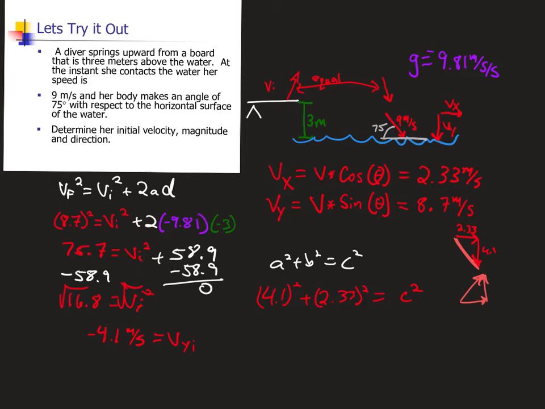So 4.1 squared, which we already had, was 16.8, plus 2.33 squared. Oh shoot, I didn't do that, so it would be 2.23.